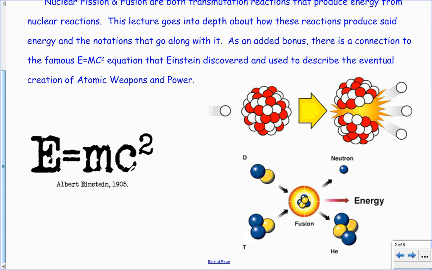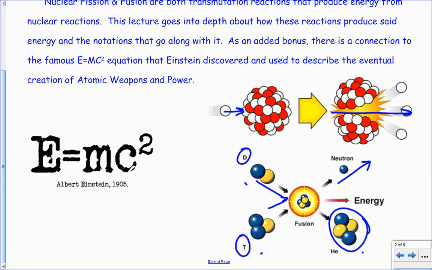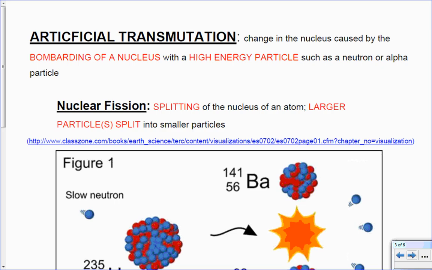If I look at fusion, I'm going to take this and this, ram them in together, and come out with something that is the commonality of them with a neutron coming off. And this piece is bigger than this piece and this piece. Where fission is bombard this with a small particle that blasts right through it and breaks them apart along with some more photons. Okay? So fission is breaking apart where fusion is putting together.